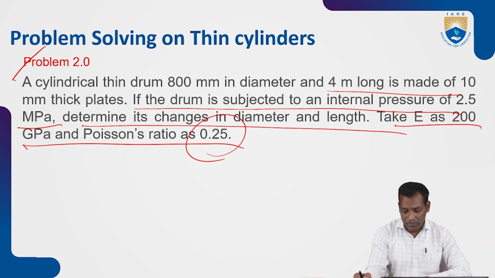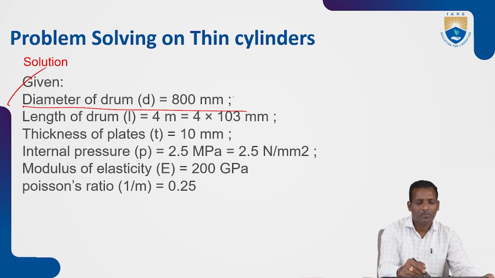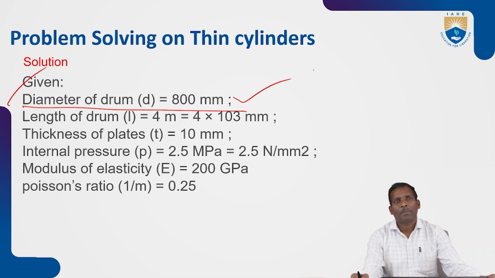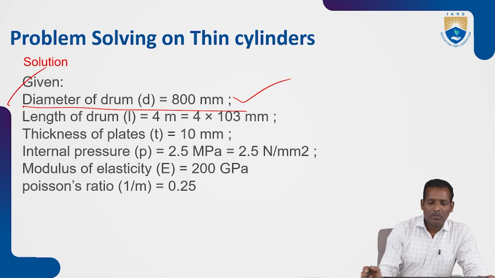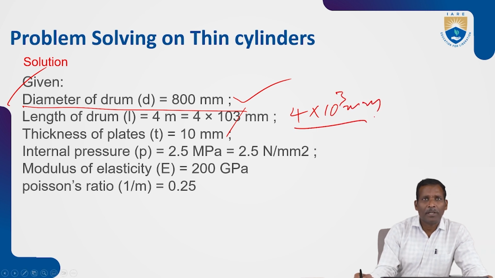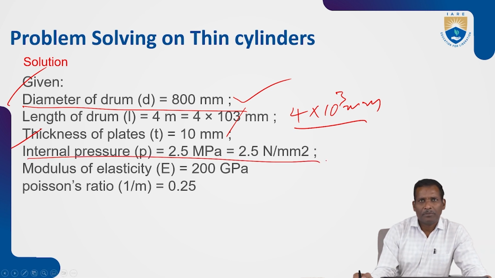First of all, write down the given data. The diameter of the drum is 800 mm. The length of the drum is 4 meters, converted into mm, so 4 into 10 cube. The thickness of the plate is 10 mm. The internal pressure is 2.5 Newton per mm square.